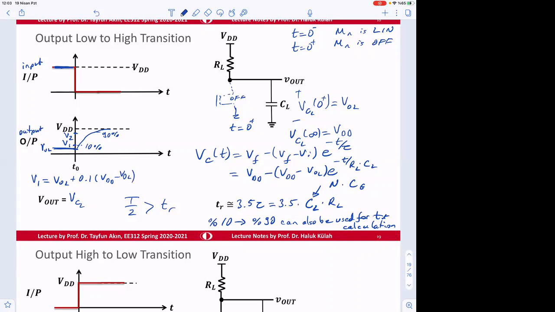That's how you calculate it. Okay, and then if you want to calculate V2, it's going to be VDD minus 0.1 of VDD minus V output low.